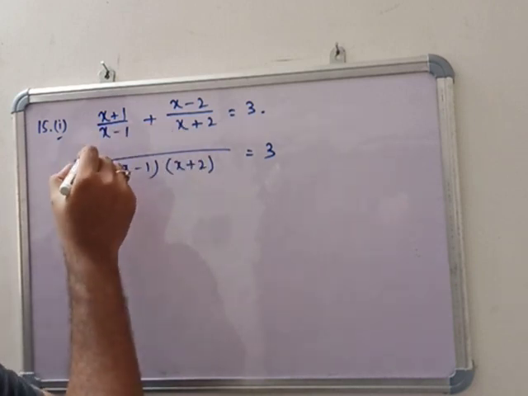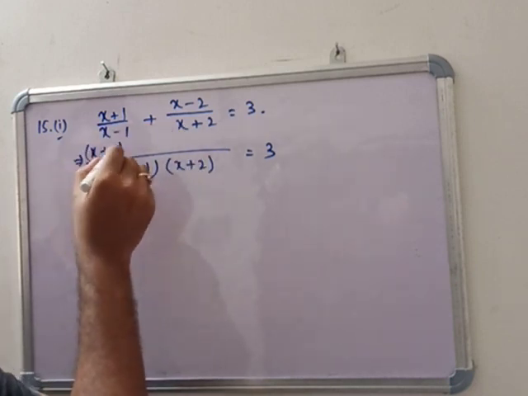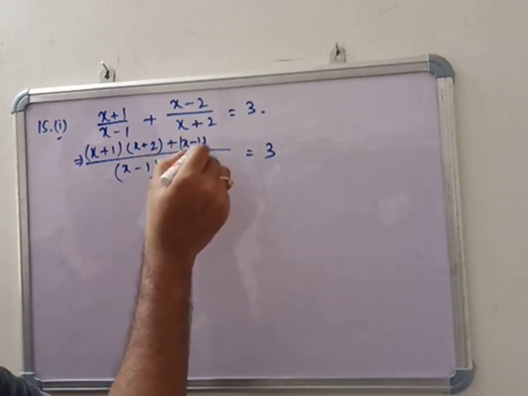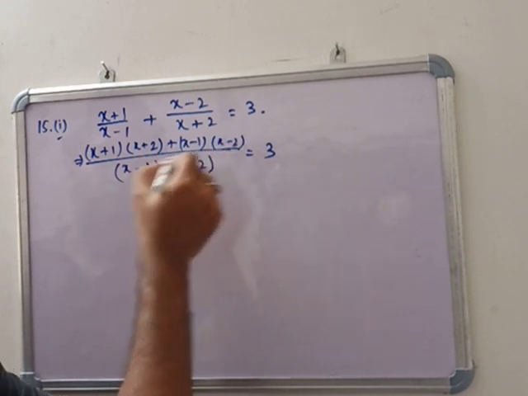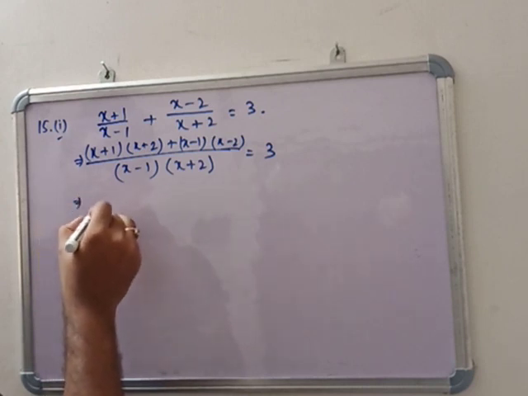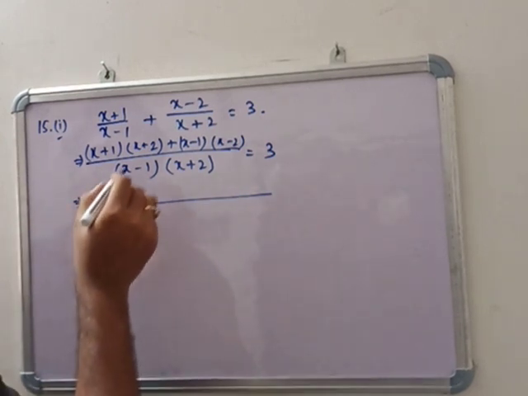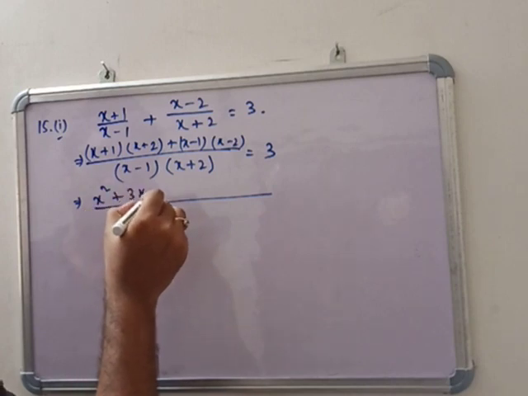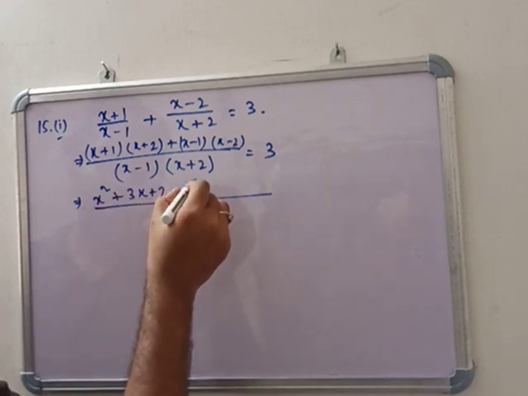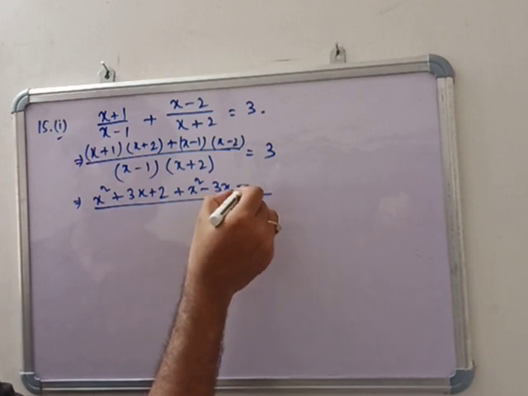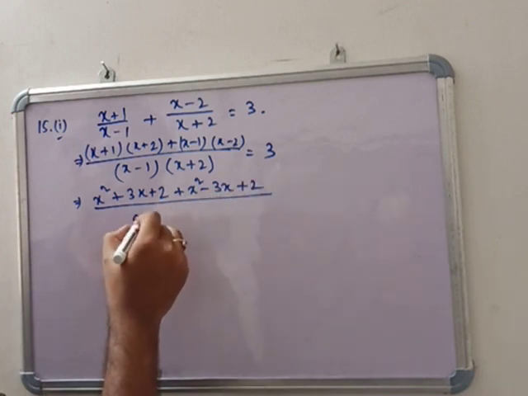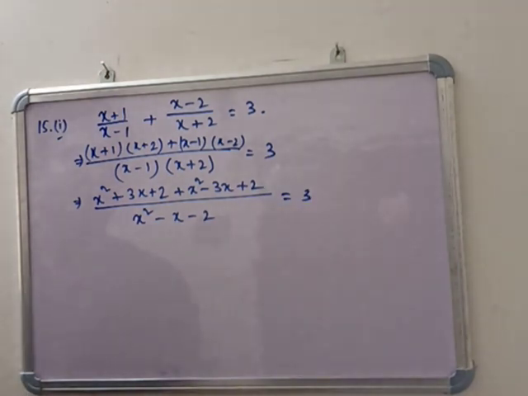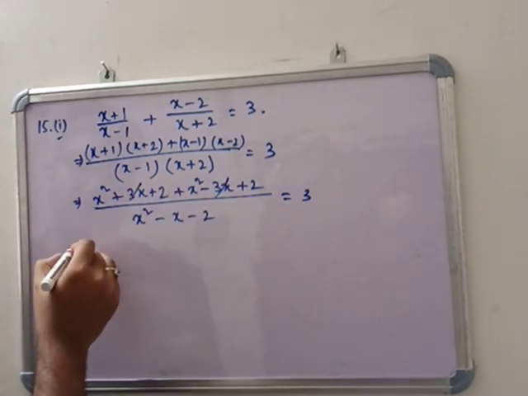Cross multiplication, so x plus 1 x plus 2 plus x minus 1 x minus 2. Okay. Now multiply: x square plus 3x plus 2 plus x square minus 3x plus 2 and x square minus x minus 2 equals to 3. Okay, 3x cancelled.